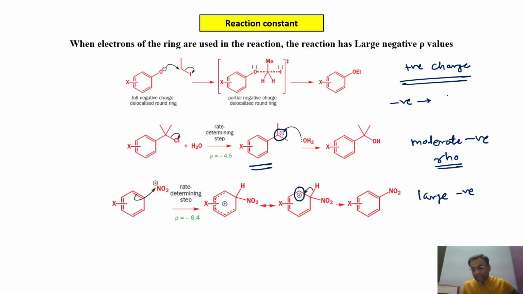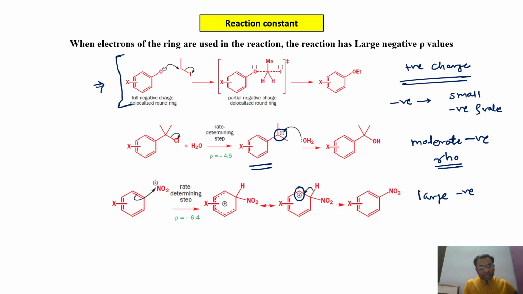And if any reaction is not forming a direct positive charge, and just the disappearance of negative charge is taking place, in that case we have a very small negative rho value, because no direct formation of positive charge is taking place.